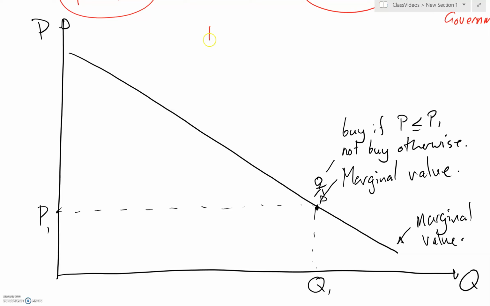So suppose my marginal value for an item is $10. If I'm going to buy that item without a tax, that means that I'm paying less than $10 for it. So suppose I pay $7 for it, and so I am 10 minus $7, which is $3 better off than not having bought it.